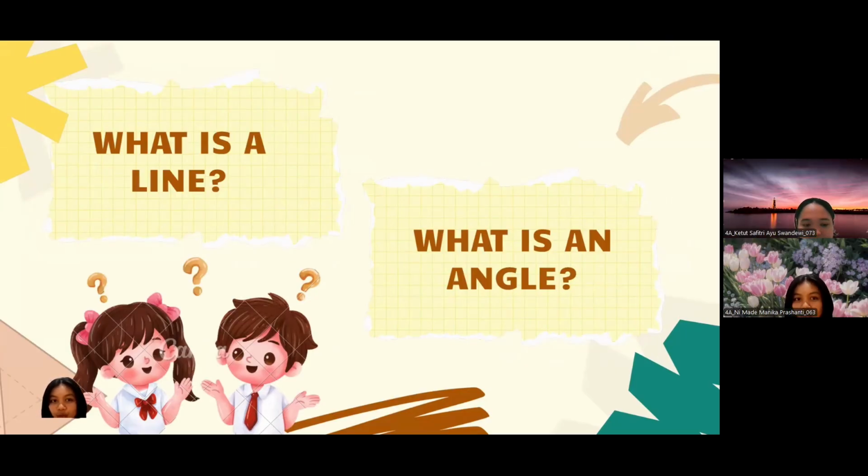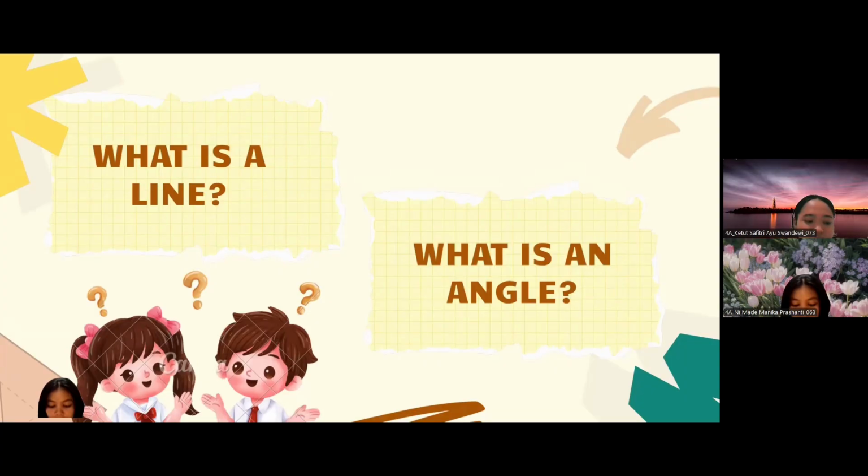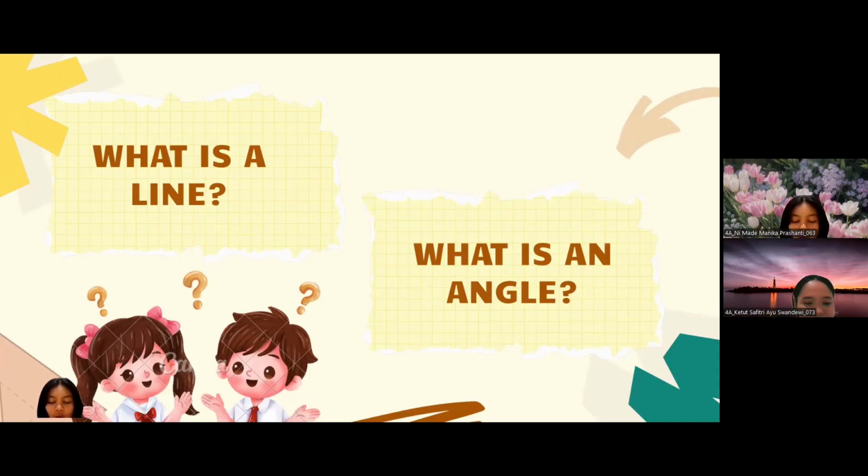Okay, Safitri, do you know what is a line and what is an angle? Yes, Miss. A line is a collection of many points. Meanwhile, an angle is an area formed by the intersection of line. Good answer, Safitri, but not completely correct.